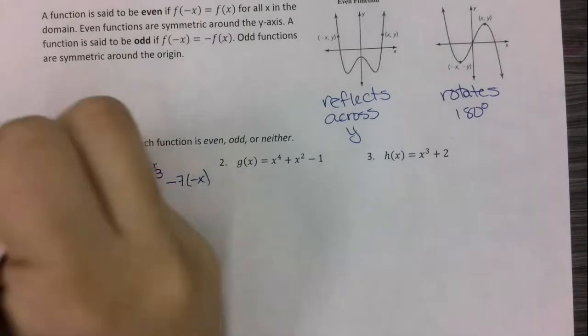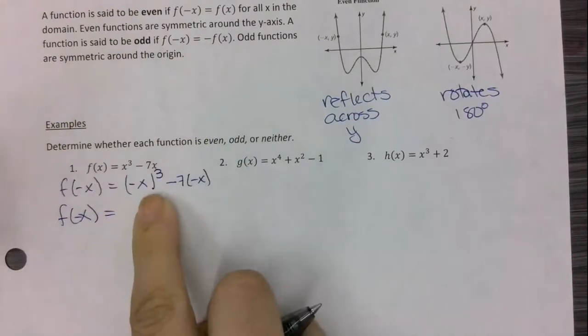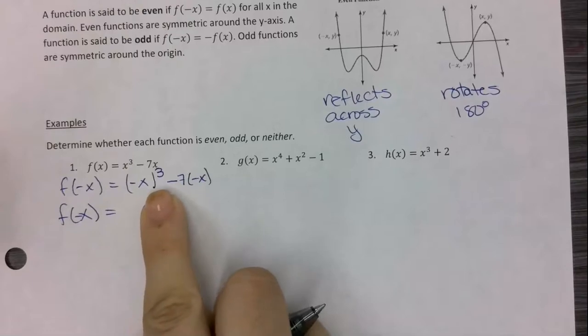Okay, so then I want to simplify this. Negative x cubed, is that still going to be negative, or does it turn positive? Negative.